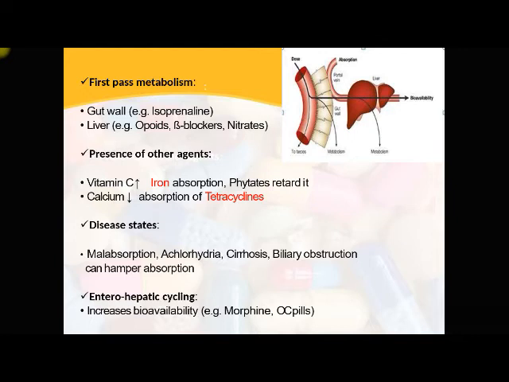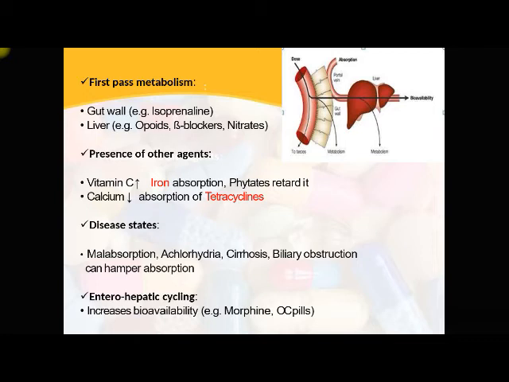Drugs which get absorbed in the gut wall, like isoprenaline, also undergo first pass metabolism. And drugs which get into the liver, like opioids, beta blockers, and the nitrates, also suffer from first pass metabolism, and their bioavailability decreases.